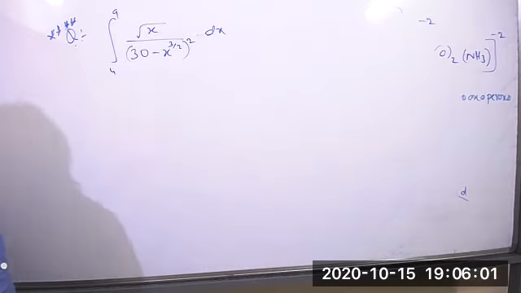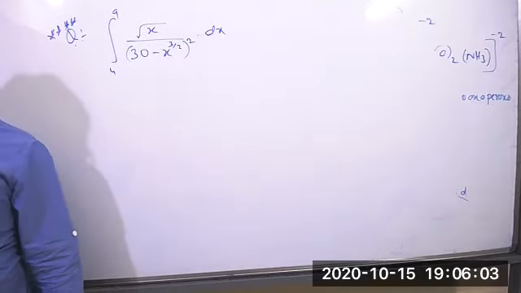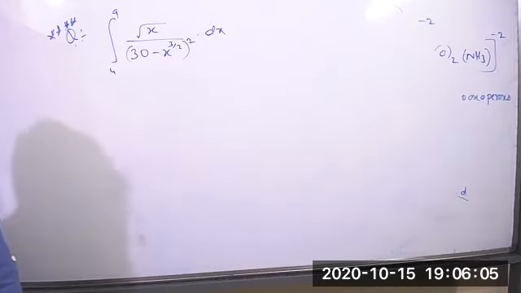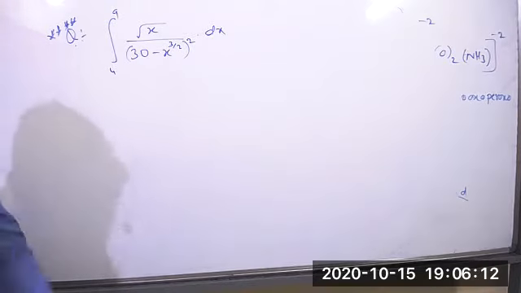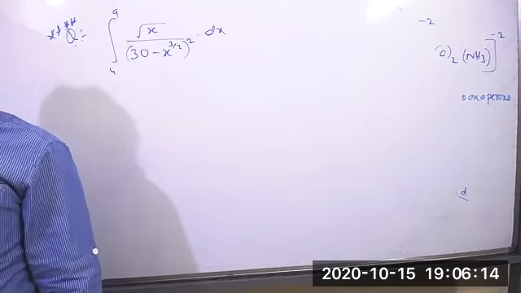Now how to integrate this? Very easy, simple thing. Then what will we take as the substitution? In substitution, we will take either root x, or else the denominator value.